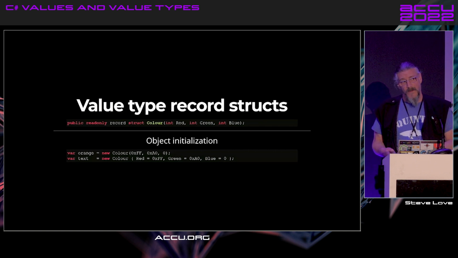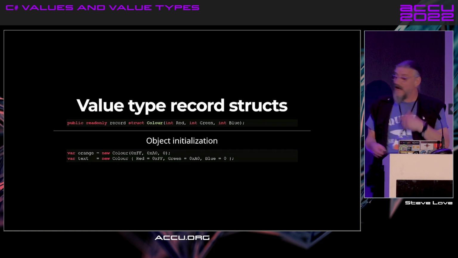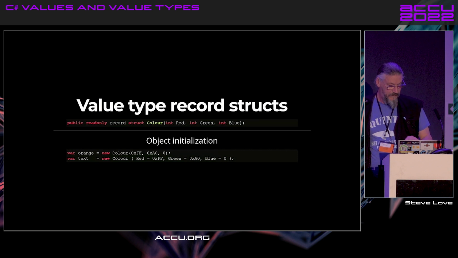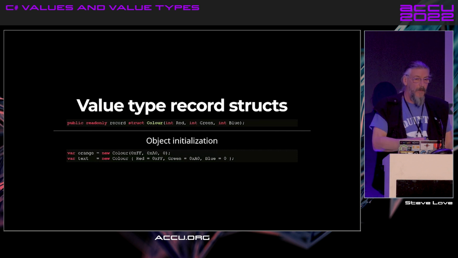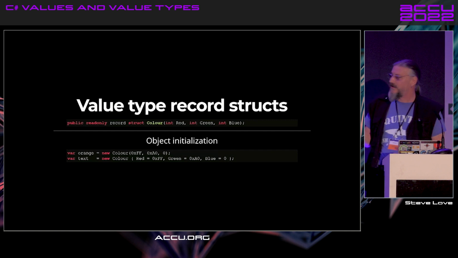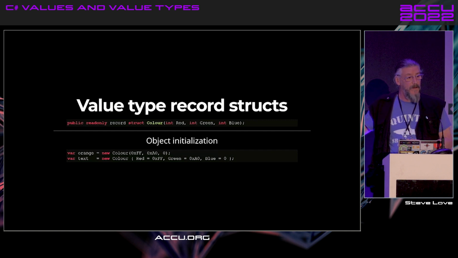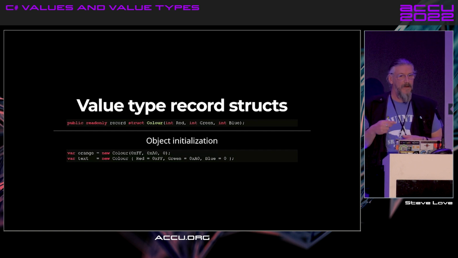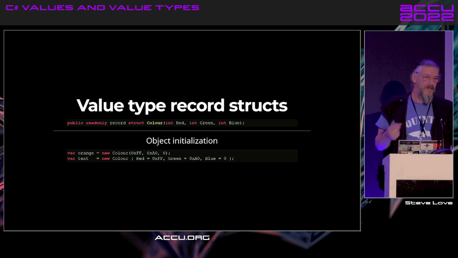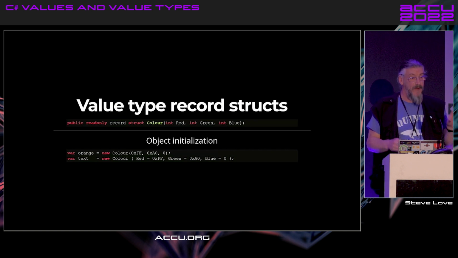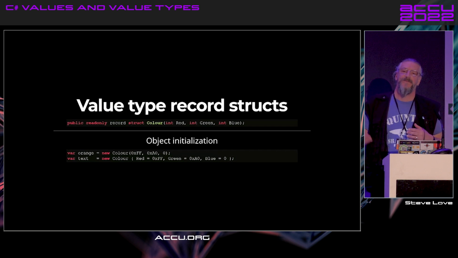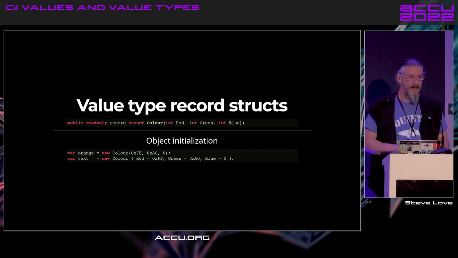So that's a quick overview of records and record structs. And they're great for really lightweight value types, whether you want true copy by value semantics, which you get by default, or the with syntax is still useful for record structs, but it doesn't need the clone method that is one of the methods generated for just a record when it's a class type to kind of pretend to give copy by value semantics.